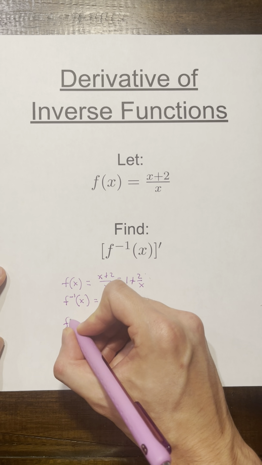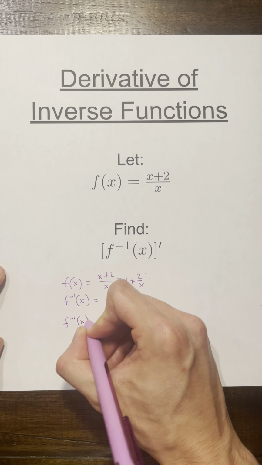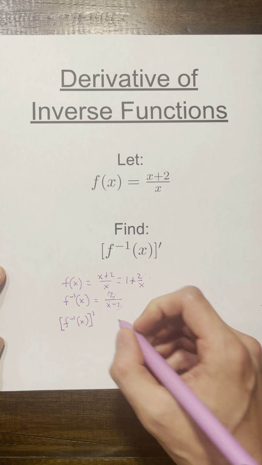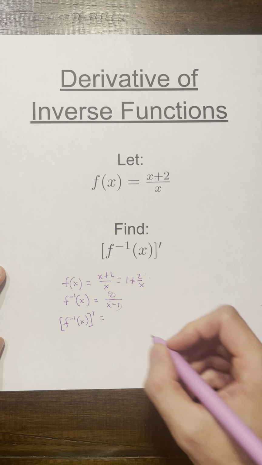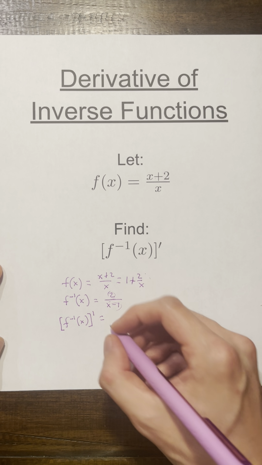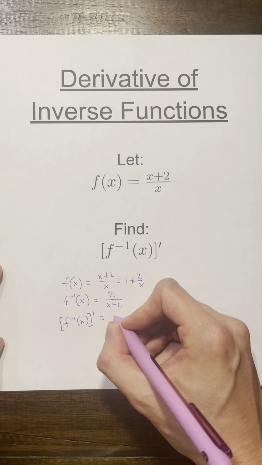All right, so we're taking the derivative of f inverse. So how does the song go again? Low d high minus high d low over low times low.